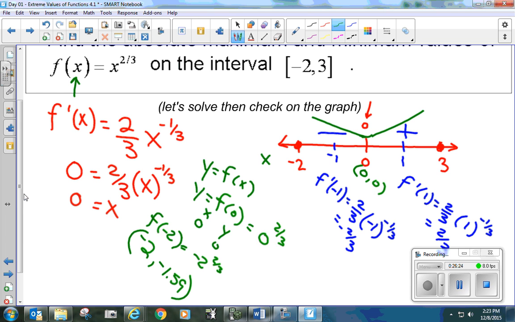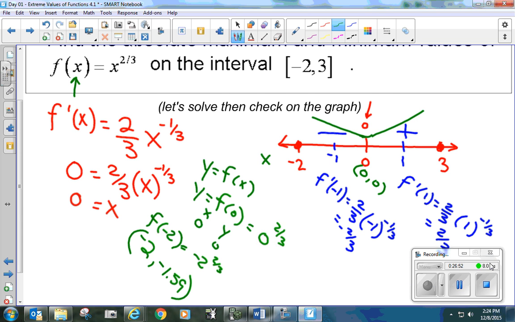Did we mess up here? At 0, it's 0, so this is negative, something doesn't fit. We'll have to graph it later, absolutely.